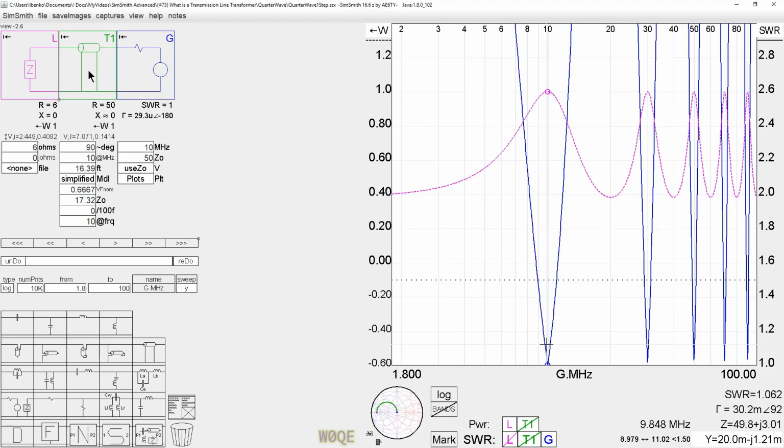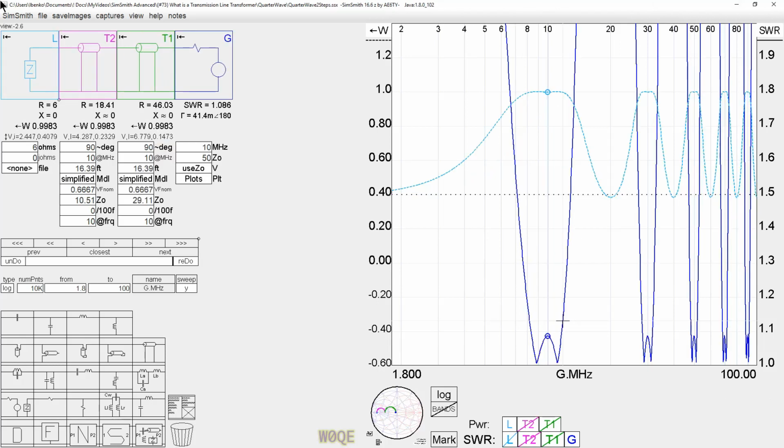We can also do this by using two pieces of transmission line, where the first piece gets us part of the way to our match goal, and the second piece does the other piece of the match. And here's an example of that.